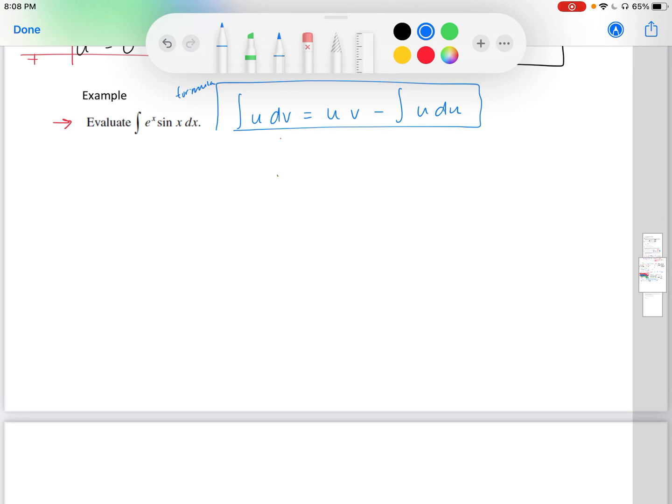Okay, let's start off by labeling a u and a v. For this one, we should let u be sine of x, and this is the one I'm going to be taking the derivative of. And the one we're going to take the integral of is going to be the more complicated one. So we have dv equals e to the x.